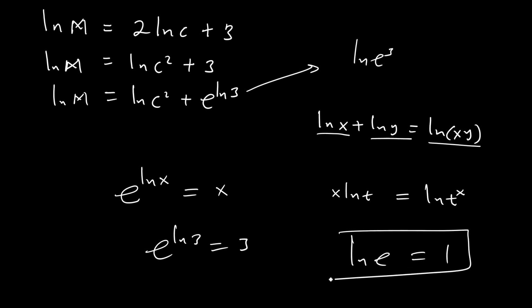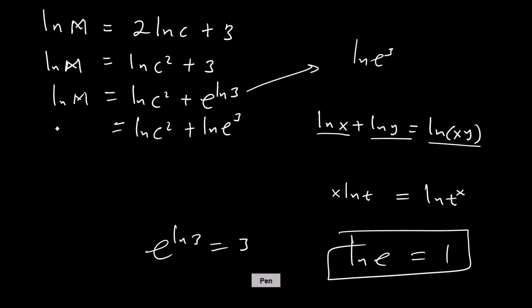So this one can be written as that. So coming down here, I can say ln c squared plus natural log that. So this one is the same as that. All right, so let's perform the product rule here.